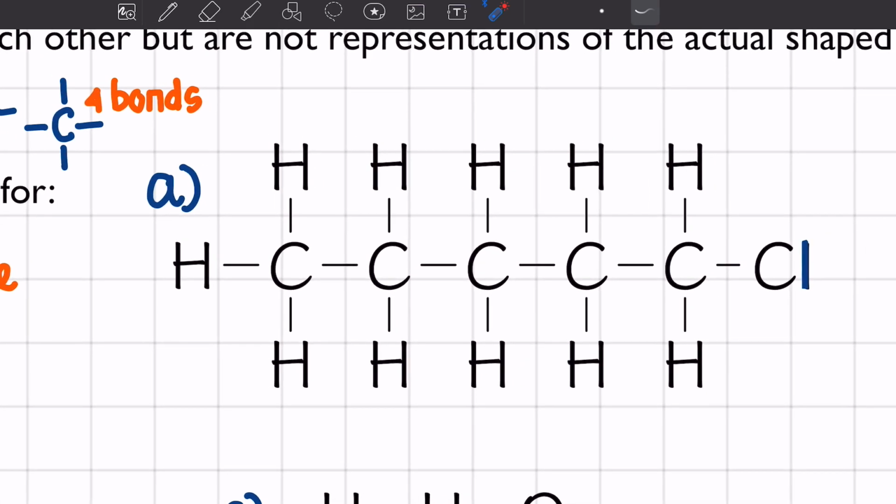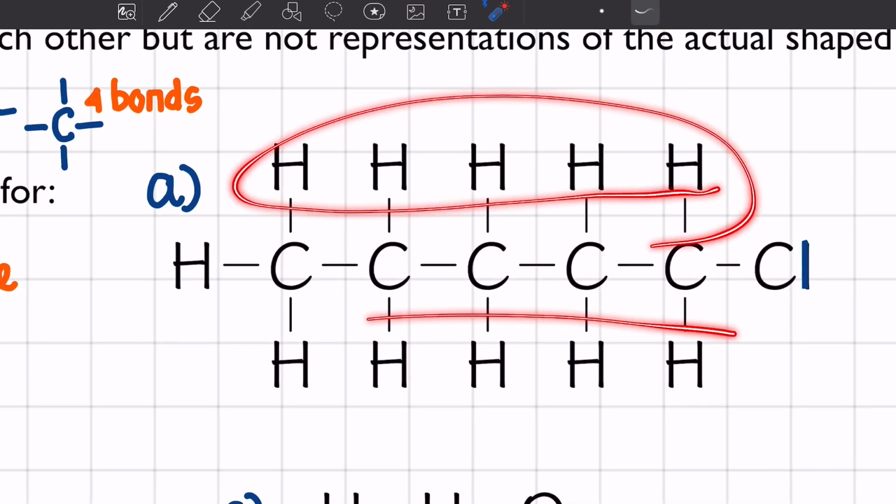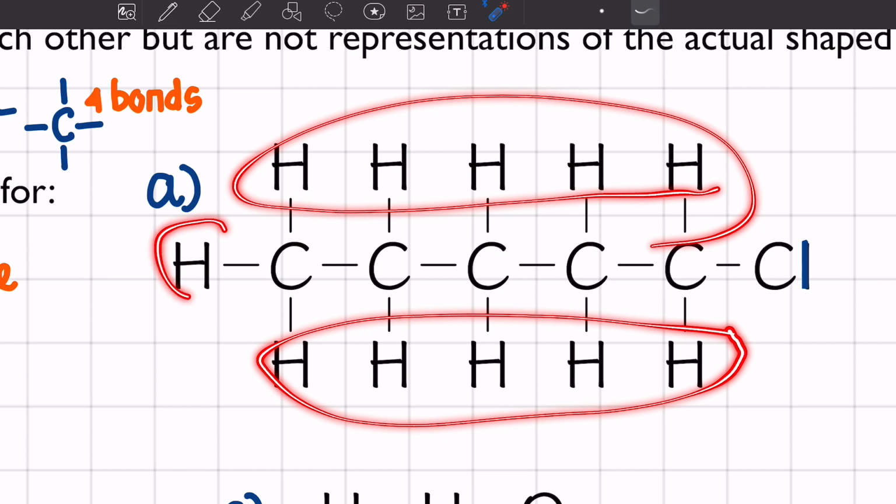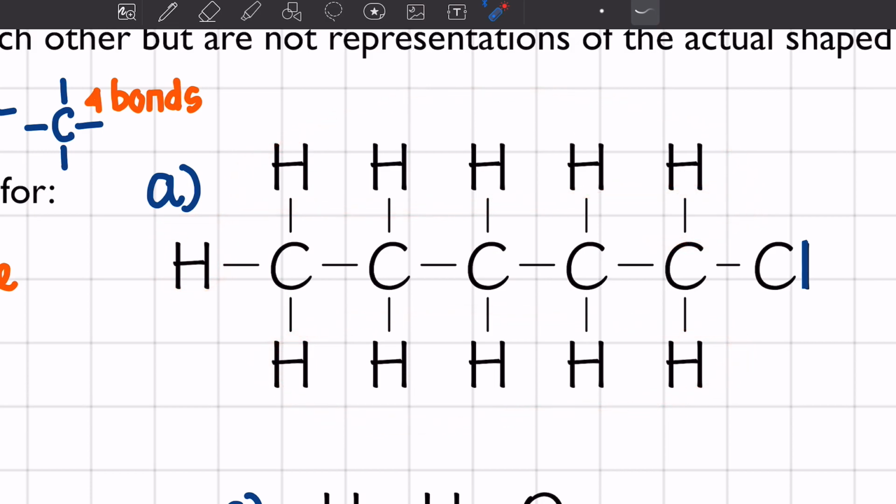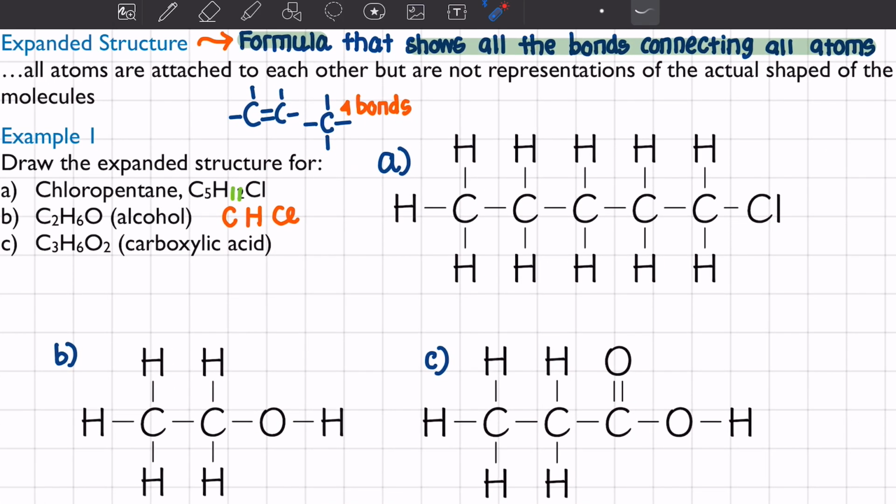Lepas tu dah cukup 11. Then barulah kita letak halogen. At this stage, halogen awak nak letak carbon number 1 boleh, 2 boleh, 3 boleh, 4 boleh. Terpulang sebab kita belum belajar naming. Okay, so itu yang pertama.